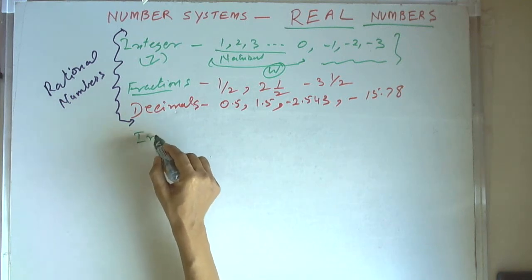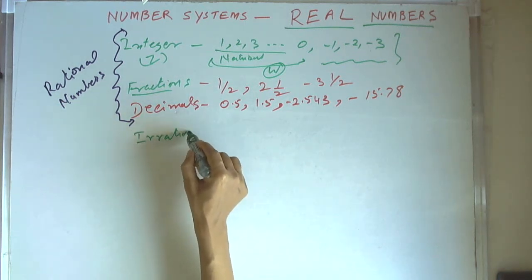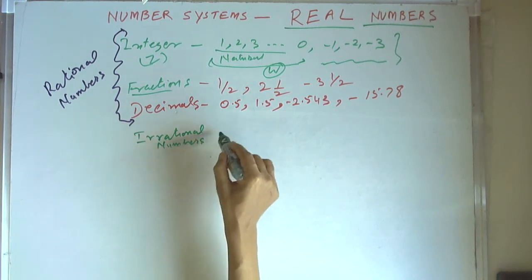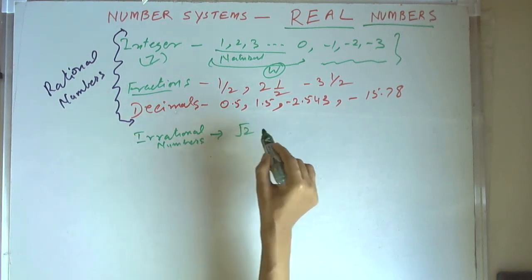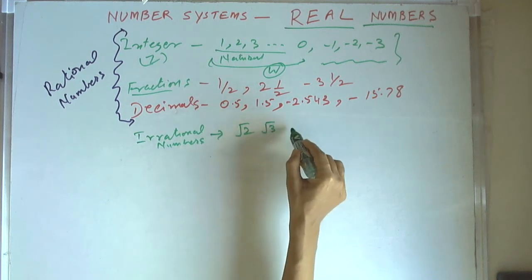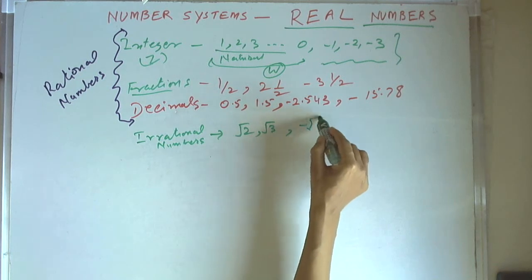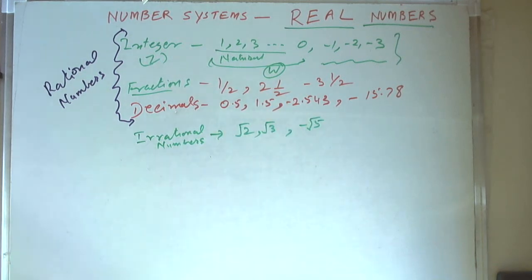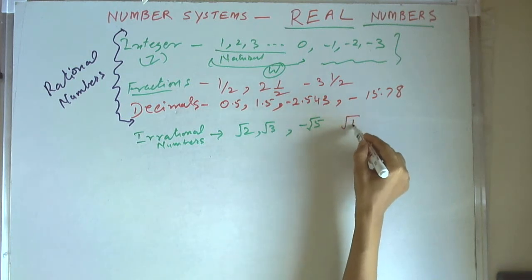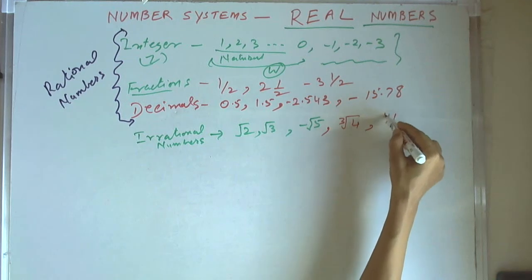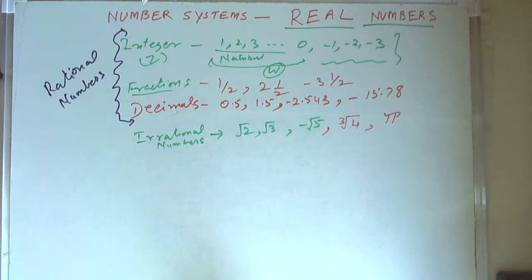Irrational numbers are like under root 2, under root 3, minus under root 5, and also numbers like cube root of 4, and also the number pi. And why are they called irrational numbers?